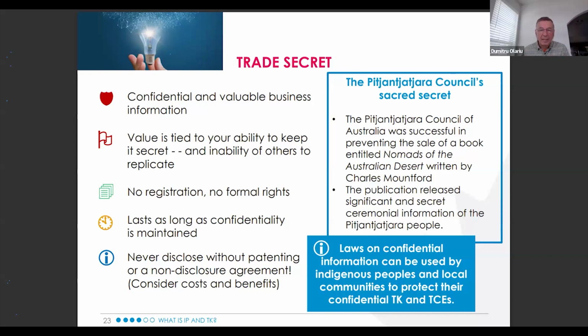This is the trade-off that you make with the government of a country. You disclose an invention and you obtain the patent of that country in exchange for that, following other rules as well. So it's important to keep information, especially for inventions, confidential before making that kind of decision.